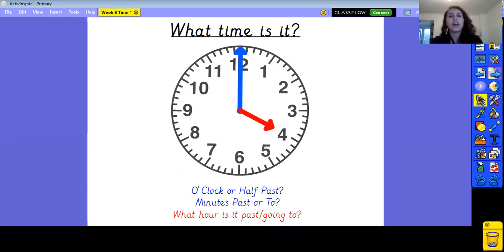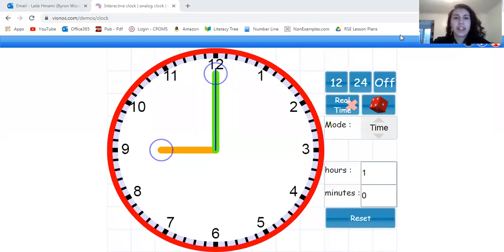What time is it? So what I'm going to do is change screen over to a website so that I can move the clock around more easily. Okay, lovely. Hopefully you can see this clock now. You can see that our big hand this time is green and our small hand is orange.